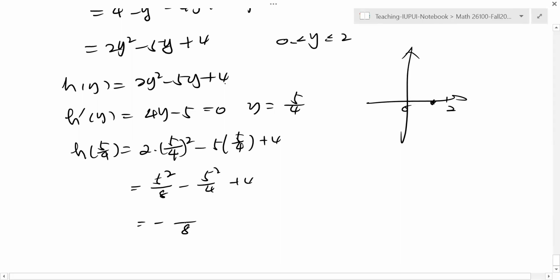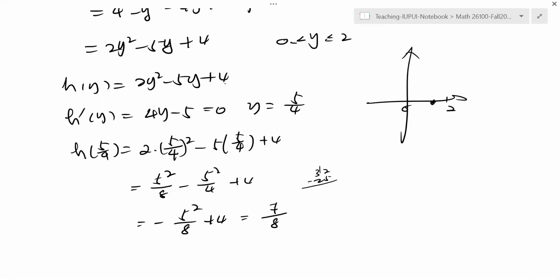Combine them: 32 minus 25 is 7. Anyway, it's positive, so this is a positive.